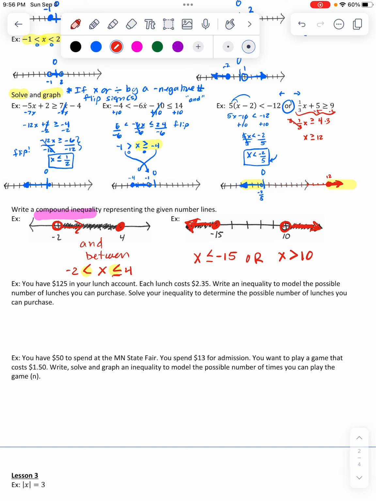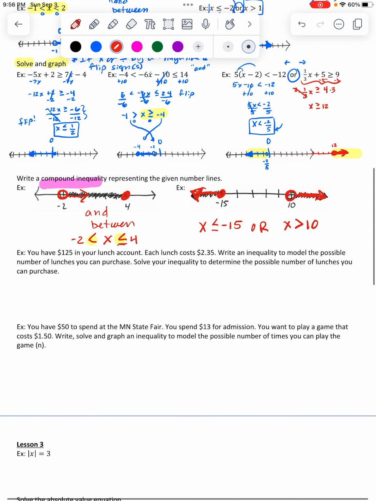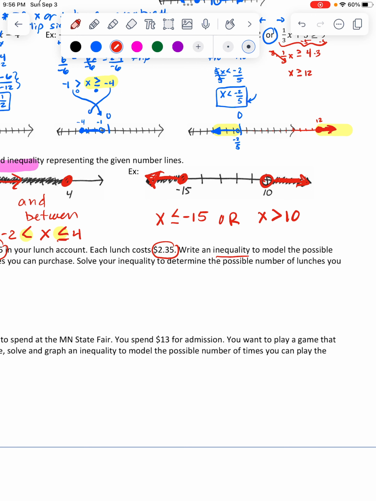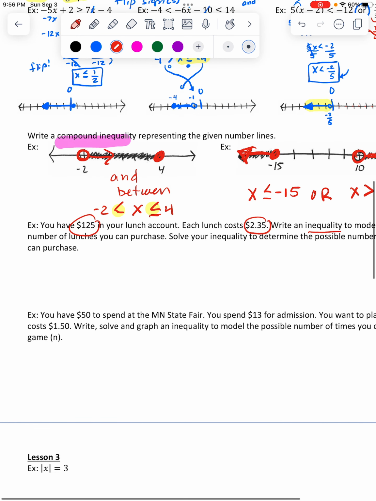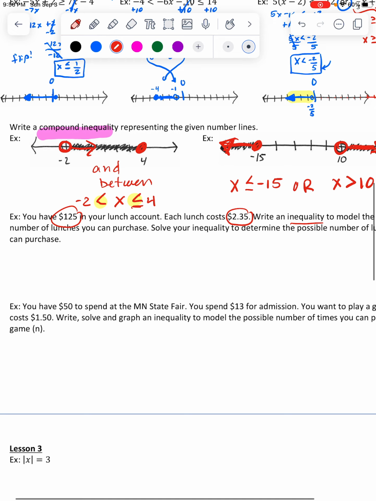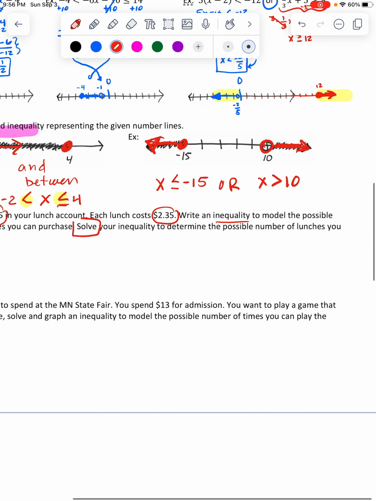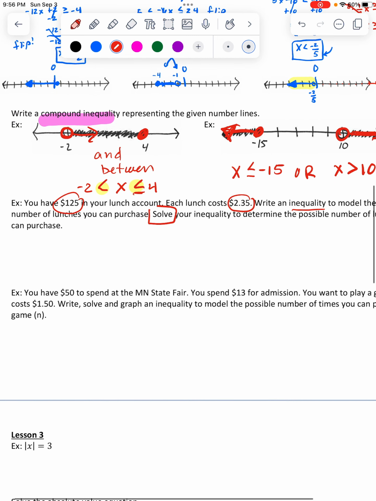Everybody's favorite part is we are now going to write some inequalities and figure this out. So you have $125 in your lunch account. Each lunch costs $2.35. You're writing an inequality to model the possible number of lunches you can purchase. And then you're going to solve it to determine the possible number of lunches you can purchase.